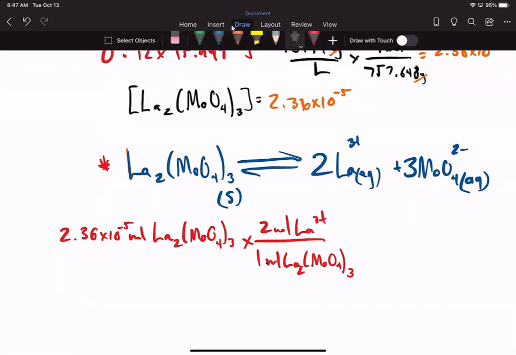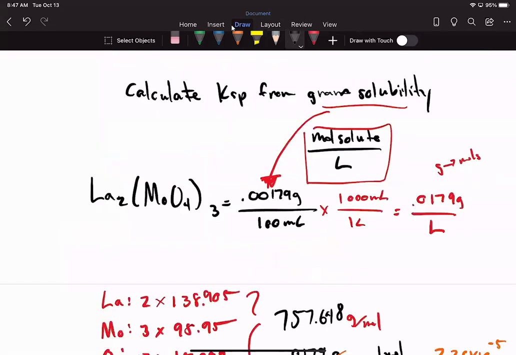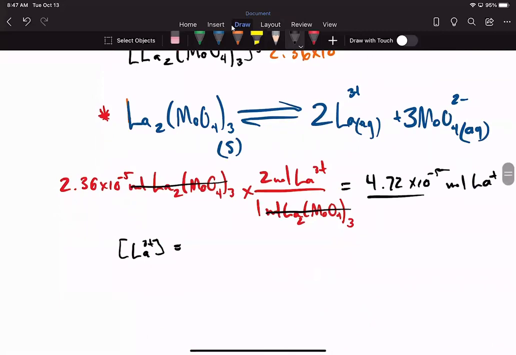So these units cancel out, and if I want to know the concentration of this, it's equal to 2 times 2.36 times 10 to the minus 5, which is 4.72 times 10 to the minus 5.